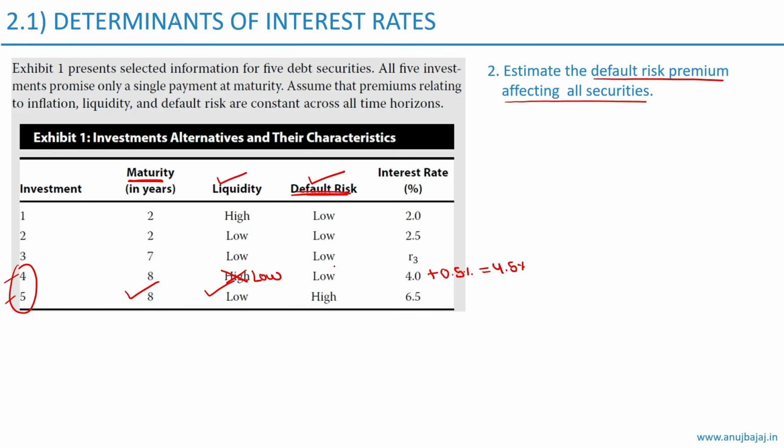As we can see, investment 4 having low default risk has a low interest rate, and investment 5 having high default risk has a high interest rate. The additional interest rate of 2% is nothing but the default risk premium. So the default risk premium affecting all securities is 2%.